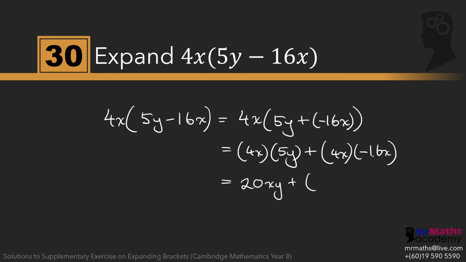Plus, we're going to get a minus here, so minus 16 times 4, what is that? 16 times 2 is 32, 32 times 2 is 64. x squared, because we have 2 x's multiplied together. And we have plus and minus meeting together, so that is 20xy minus 64x squared.